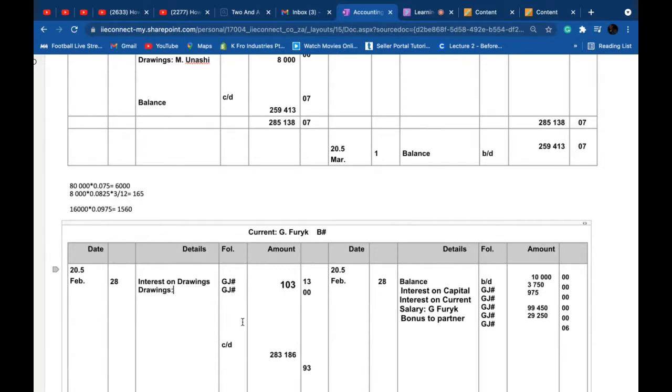Drawings, and the drawings there was 5,000. Cool. It'll look a bit neater.